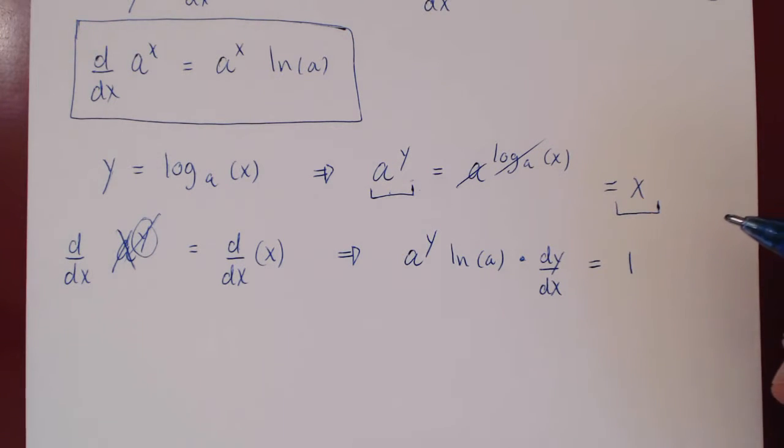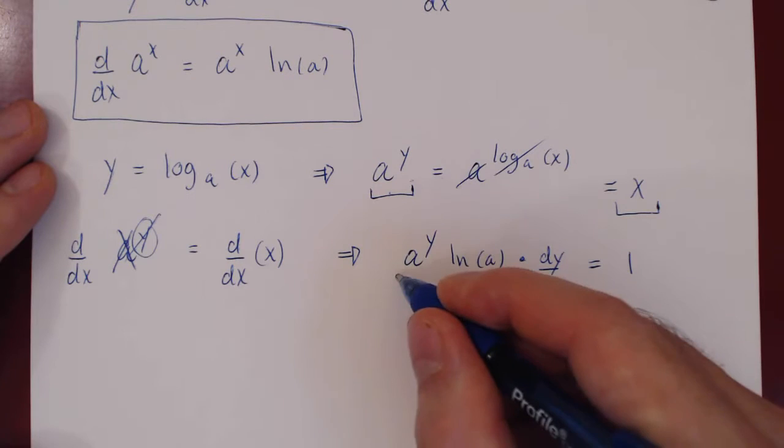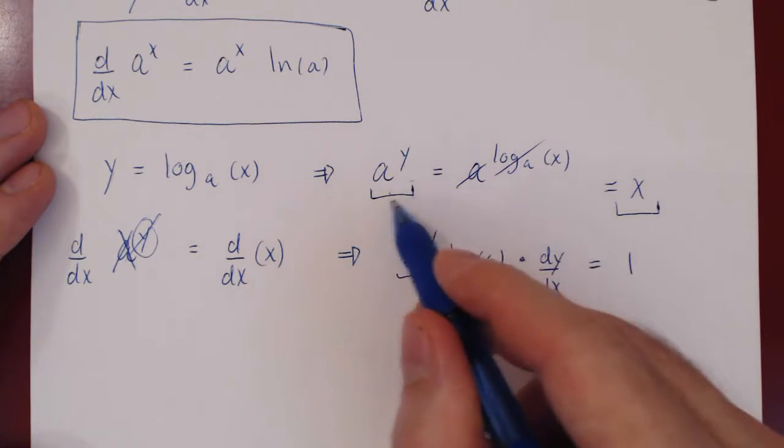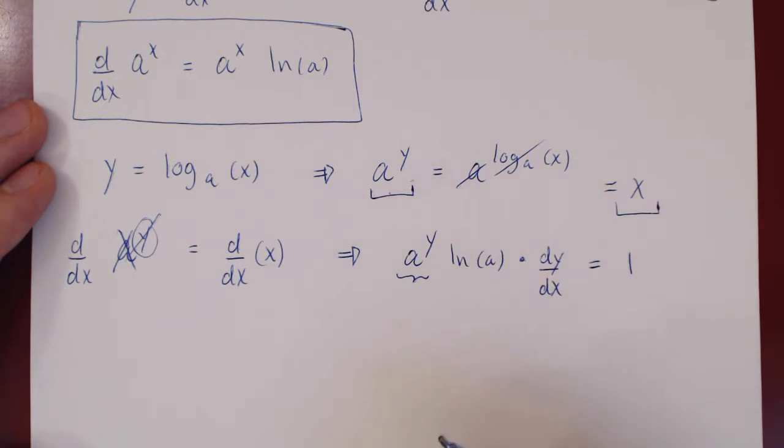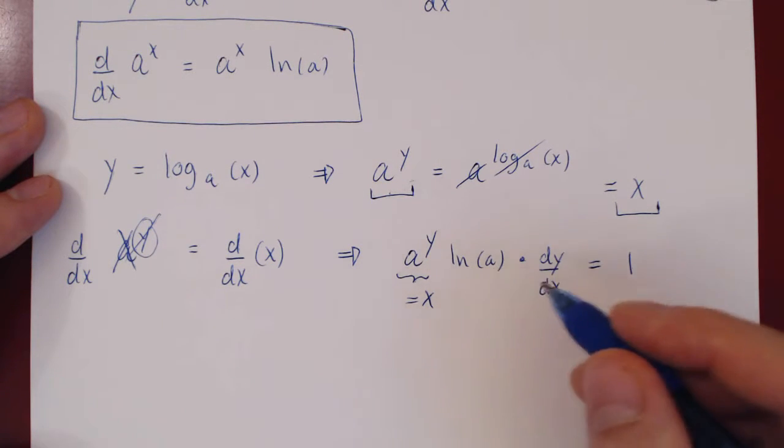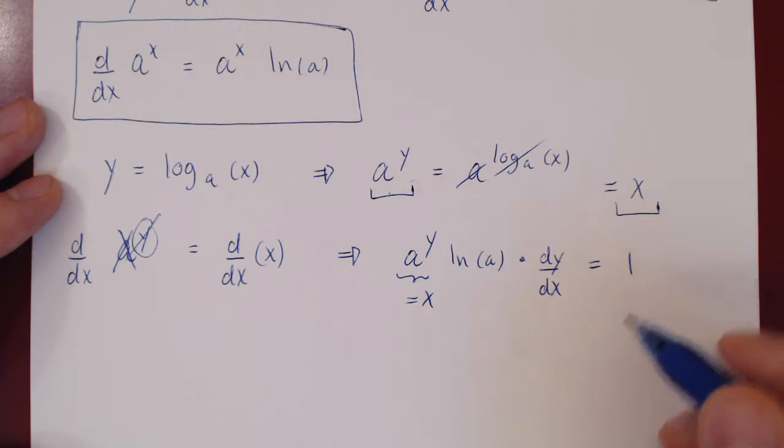And now we can simplify a little bit, right? a to the y, that's just equal to x. So what we have is x ln of a times dy over dx is 1.